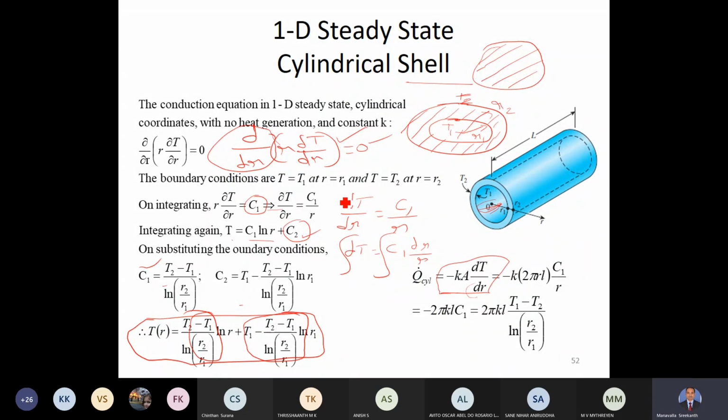Now you see here dT by dr we already have as C1 by r, where C1 is now this value. So substitute C1 here, we will have the value of dT by dr. So the same thing we have done, and you see here there is one equation available for heat transfer in a cylindrical shell. Remember, this is not a solid shell, this is a cylindrical shell.